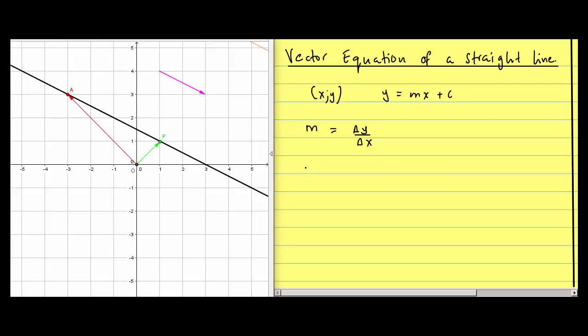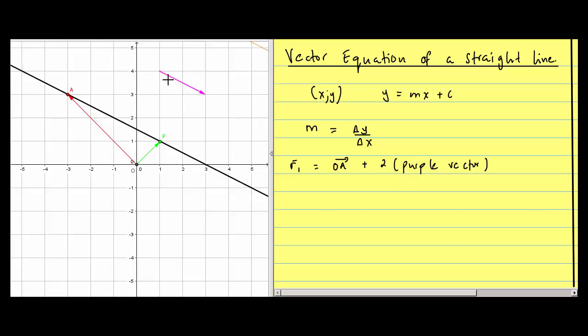We can actually use algebra to calculate the position of P. Let me call that vector R1. It's going to be equal to the vector O to A plus 2 lots of the purple vector. But we can actually work out what the purple vector is equal to.